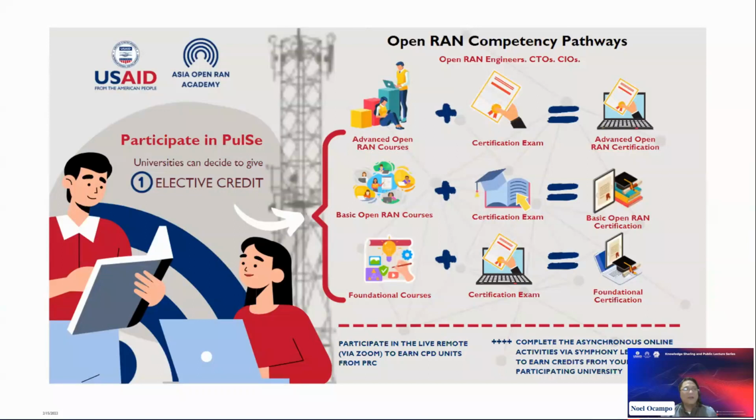So when we say all G, it includes 2G, 3G, 4G, and 5G. And some of the companies right now are focusing mainly on LTE and 5G because these are the newest technology that they want to support. And I think 2G and 3G can also be supported. However, the RIC is not beneficial there, because there is no RIC in 2G and 3G. Correct.